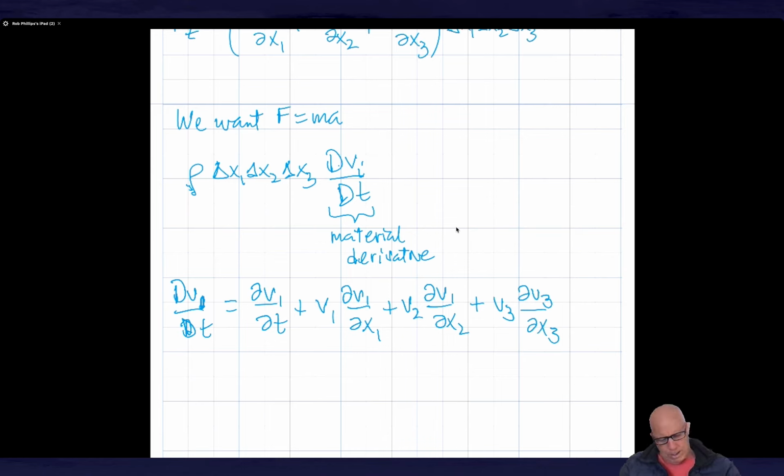Why is that? Because if I want to find out how much the velocity changed, here's the heuristic argument.